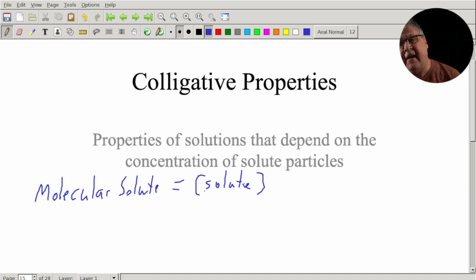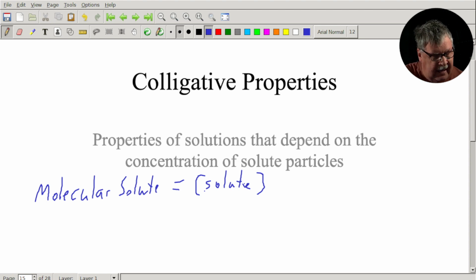Because what we've said before is that if I have a molecular solute, that solute does not dissociate in solution. Okay, so for example, if I have an aqueous solution of glucose, then the concentration of the glucose is going to be the same no matter what, because the glucose doesn't dissociate in aqueous solution. It remains the same.